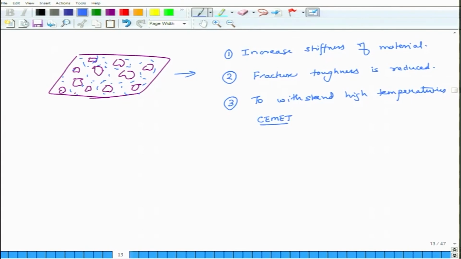Here you have particles of ceramics embedded in a matrix of metal, and these things have very high wear resistance and temperature resistance. Okay. So, to withstand high temperatures and to have high wear resistance.